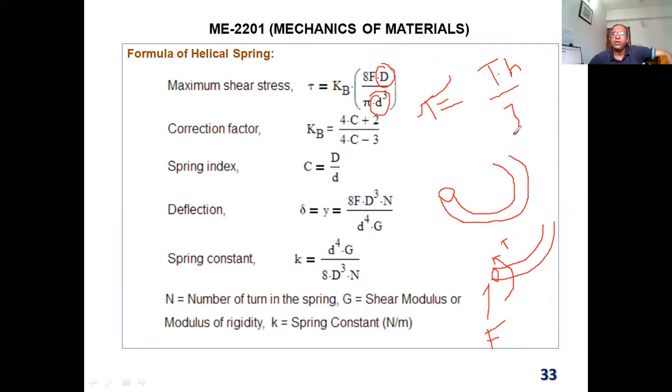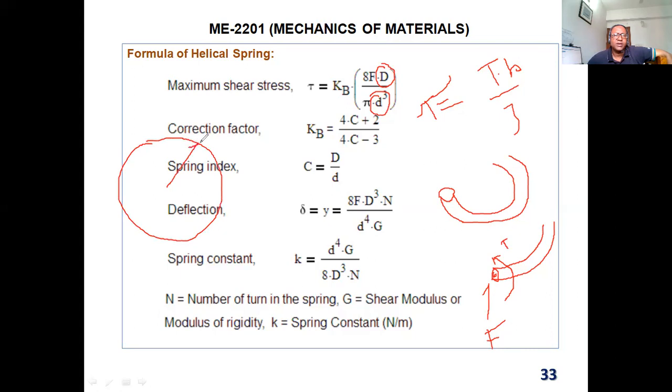Now, when you design the shaft, a spring, where do you apply this r? If you like to figure out the stress at the center of the wire, then r will be 0, right? But if you particularly figure out right over here, then r will be a certain value, not d by 2. So this is the cross section of the wire.